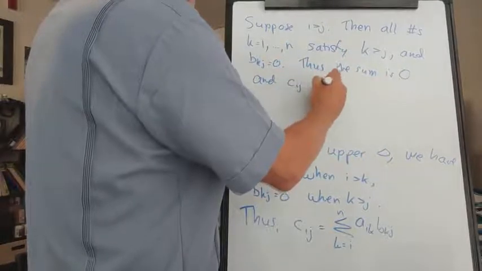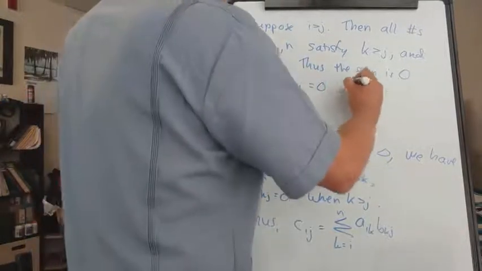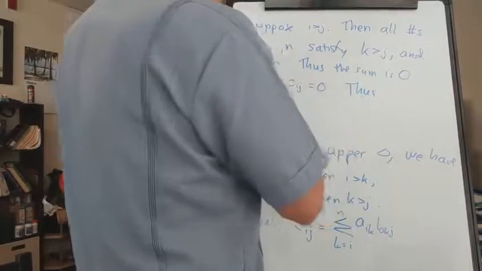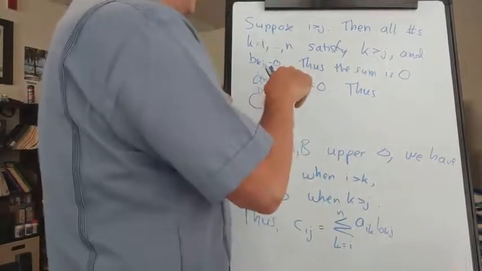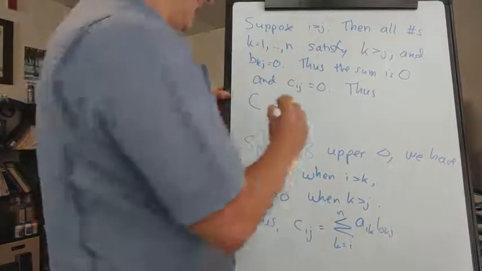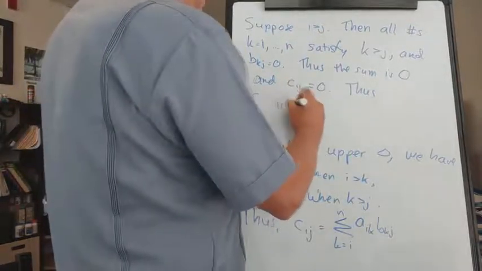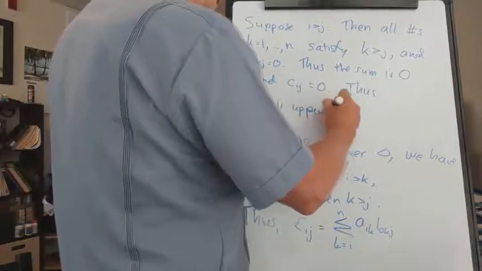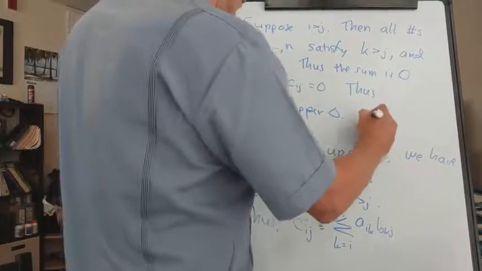And C_ij equals 0. So C_ij being 0 when i is greater than j means that C is upper triangular.